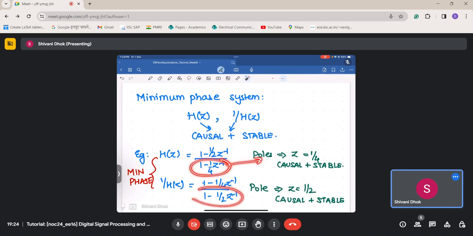And the poles of 1 upon H of z, which are actually the zeros of H of z, if those are inside the unit circle, then this 1 upon H of z is also causal. You can also find h of n, which is causal and stable, for 1 upon H of z also. So what we can conclude is, if both zeros and poles of H of z are inside the unit circle, then that system is known as a minimum phase system.